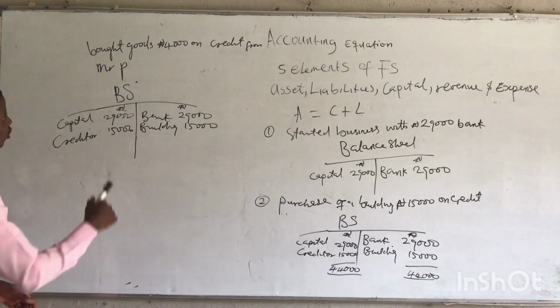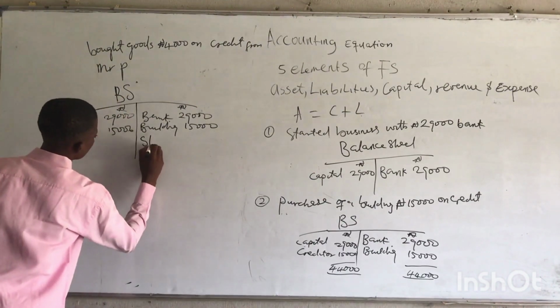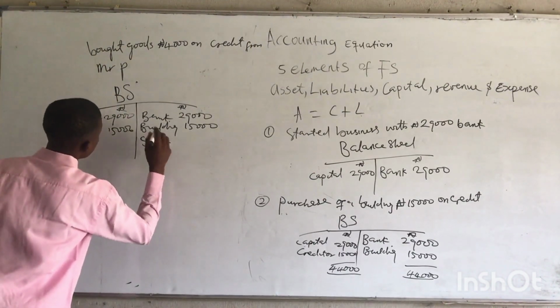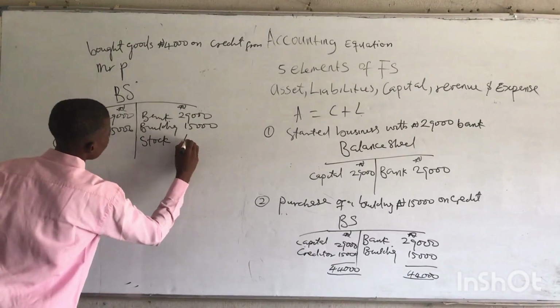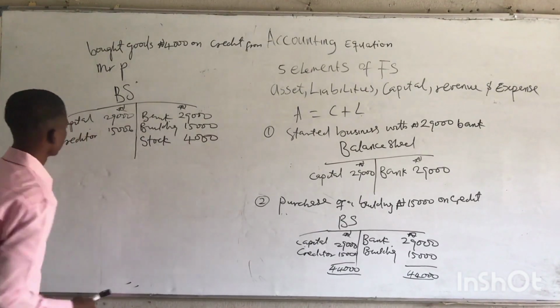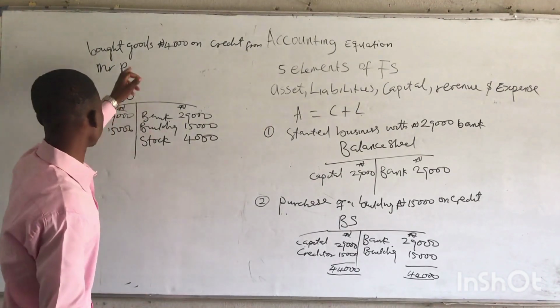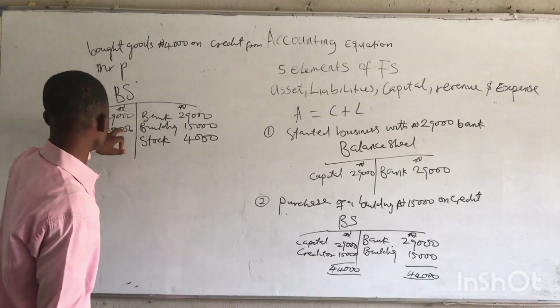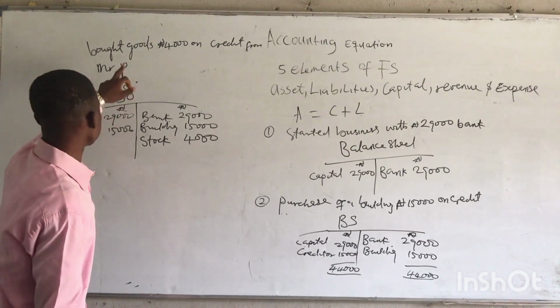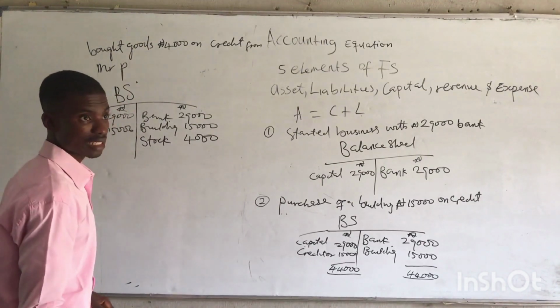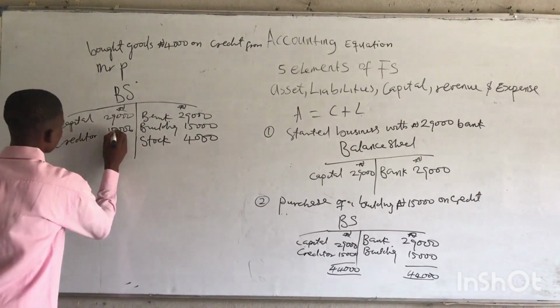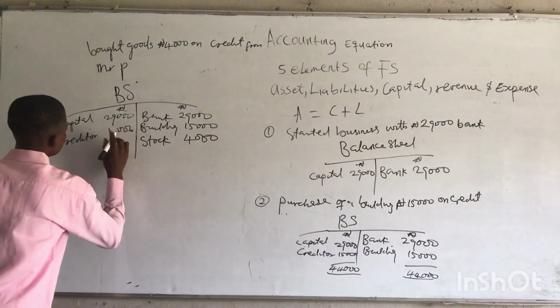The stock is increasing by 4,000 naira, so I write stock 4,000 naira. And now the liability, the creditor, is 4,000 naira. So I add it to this creditor here: 4,000 naira plus 15,000 naira becomes 19,000 naira.